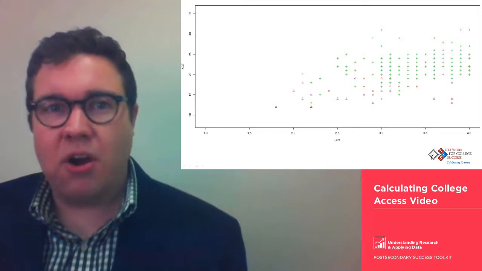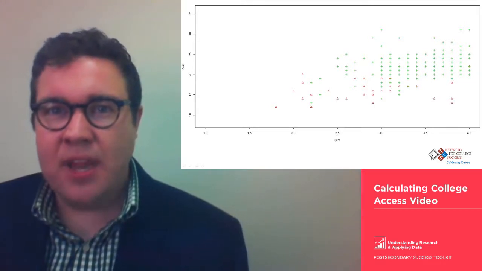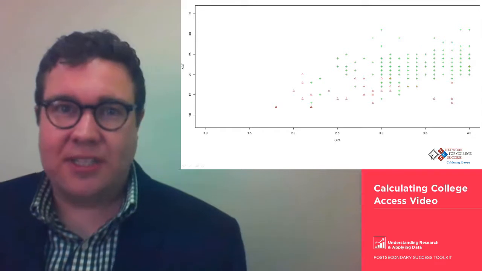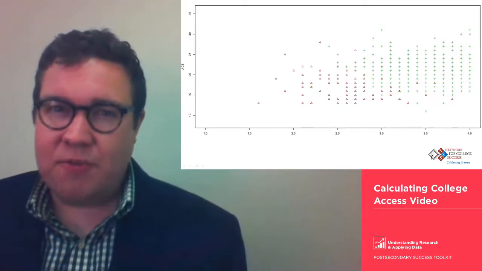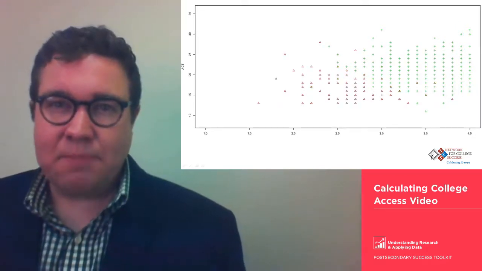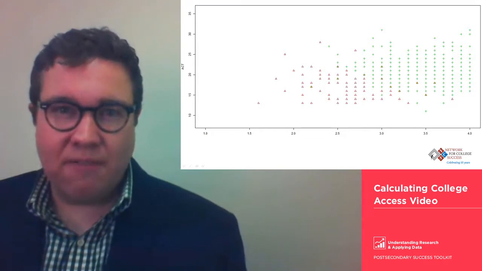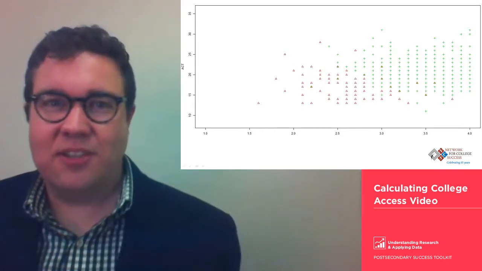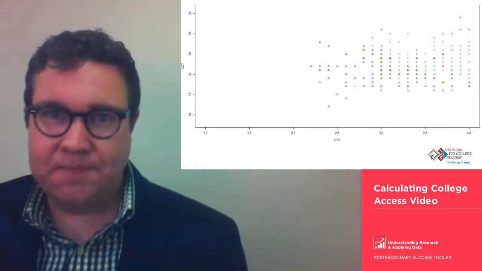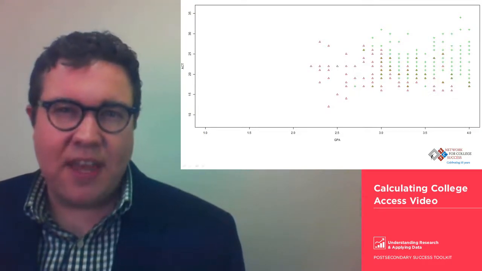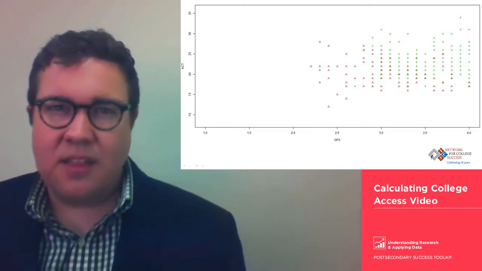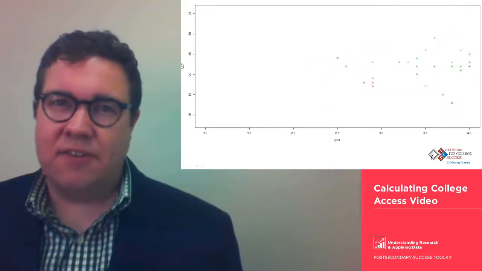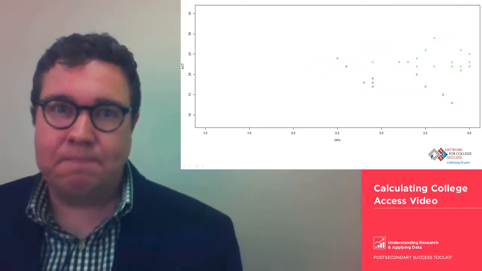The red points are students who were denied admission, and the green points are students who were accepted. You can see that for the most part, the acceptances are clustered together in one part of the graph, and the denials are clustered together in a different part of the graph. This suggests that for everything else involved in the application process, these 2 numbers are very indicative of admission results a lot of the time.